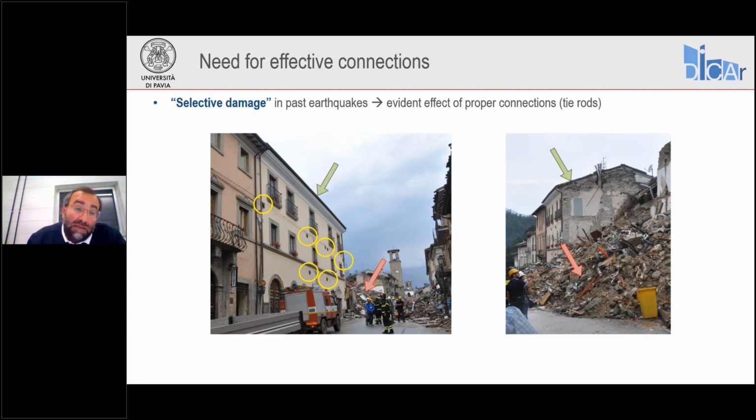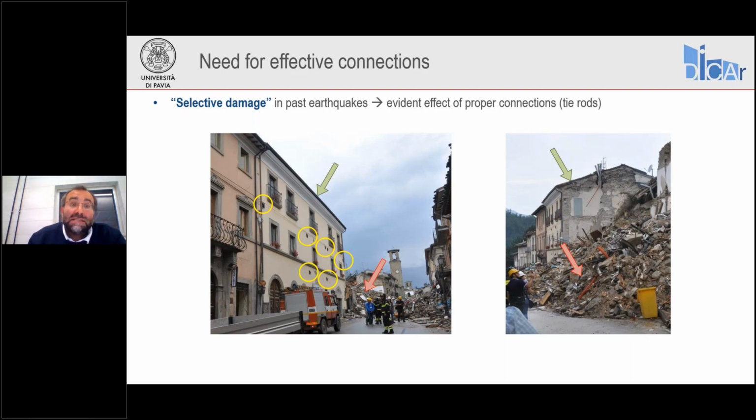But the adjacent building, most likely built with similar materials and similar construction methods, you see it's completely collapsed. And that building didn't have any tie rod, any other intervention aiming at improving the connections.